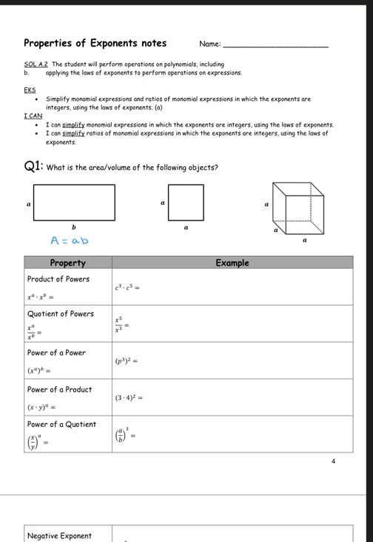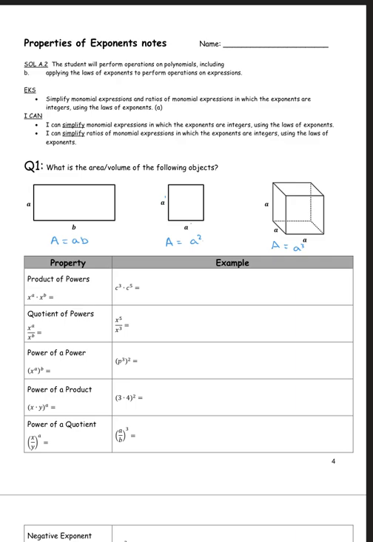Then looking at our square, we know that our area is A squared, and based on exponents, we know that our A has an exponent of 1, and so does our other A. So when you're multiplying the bases together, you add the exponents, hence how we get A squared. And the same over here when we're looking at the area of A cubed, that's going to be A cubed, because we have A times A times A, and we are adding those exponents.